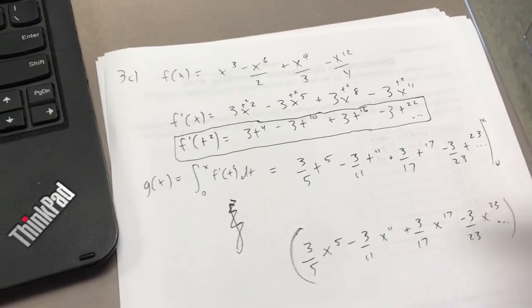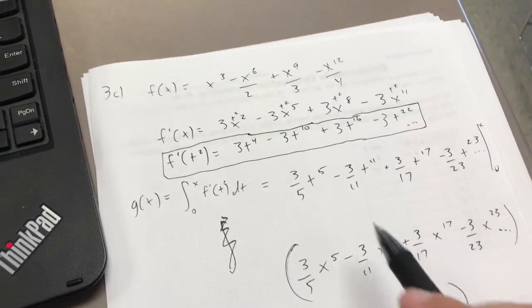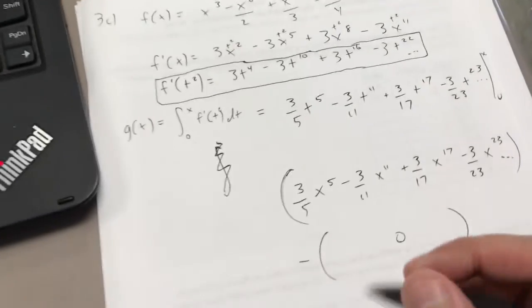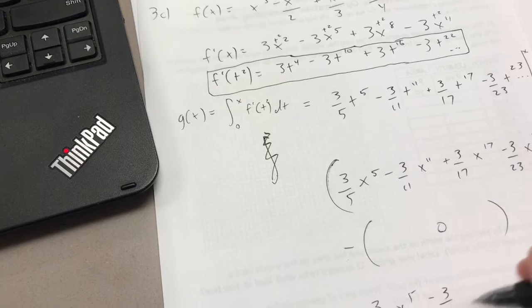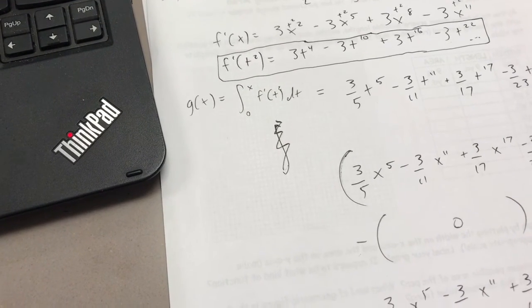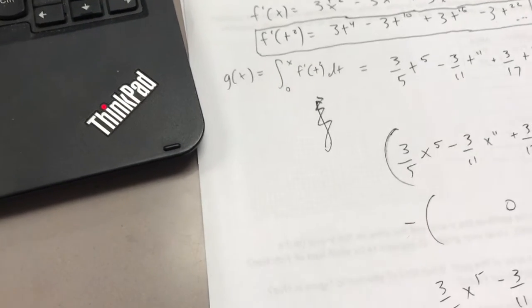So we got to sub in the x and we got to sub in the 0. We want to subtract this whole thing evaluated at 0. Well, if I sub in 0 for each of these values, that's all going to become 0. So it's really just going to be 3/5 x to the 5th minus 3/11 x to the 11th plus 3/17 x to the 17th minus 3/23 x to the 23rd.